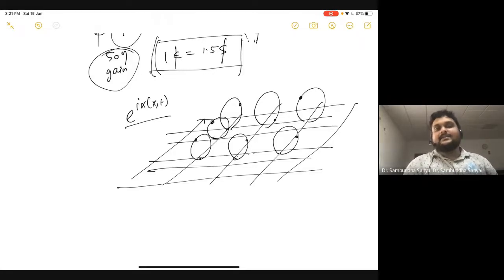But if I add these extra fields A and phi, which transform in that way, then they will adjust the arbitrariness that comes because of this local transformation, such that my theory is gauge invariant. Then all my dynamical observables and every variable is gauge invariant, right? So this is the meaning of a gauge transformation or a gauge symmetry, right?